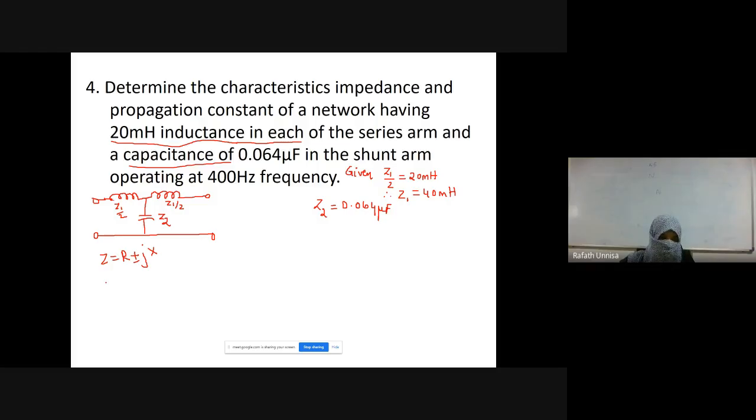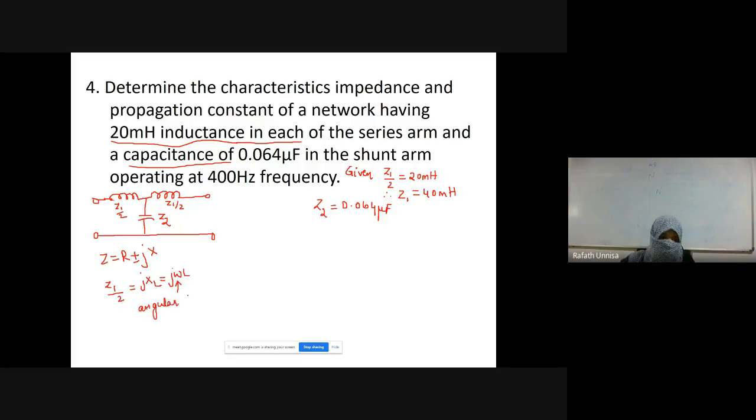So I can write the series arm as Z1 by 2 equals jXL, because it is an inductive element, plus jX, which is equal to j times omega L. Here omega is the angular frequency.